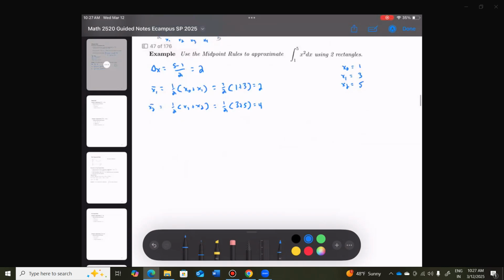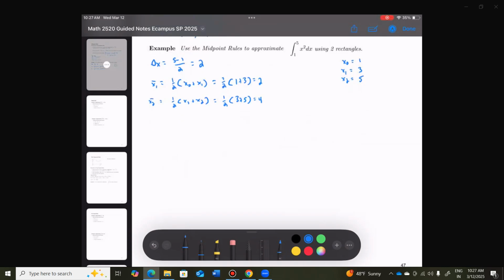All right, so x squared. I'm going to graph this from 1 to 5. And at 1, it's equal to 1. At 2, it's equal to 4.